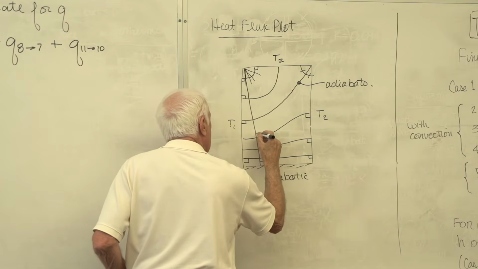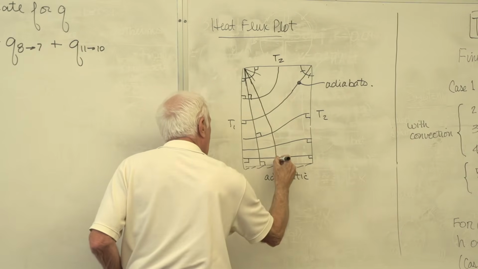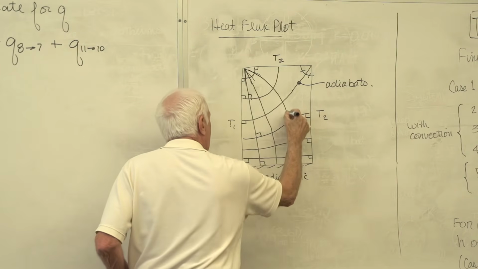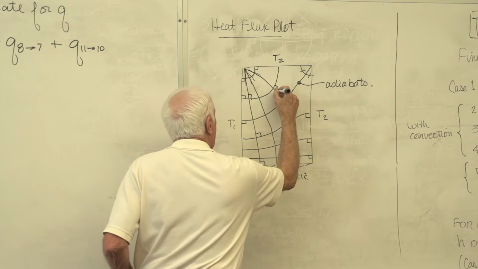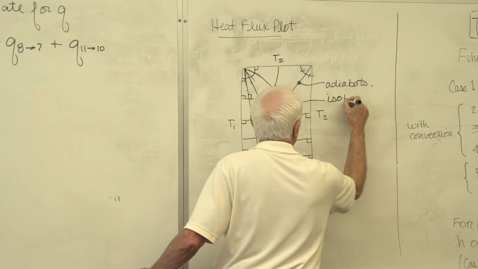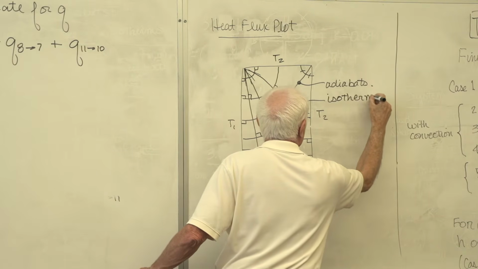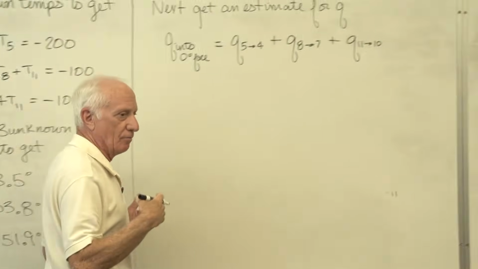Everywhere inside the boundaries, it says they must cross at right angles. Okay, draw a few of these then. These guys are the isotherms. So that gives you a little bit of engineering intuitive feel for what's going on.